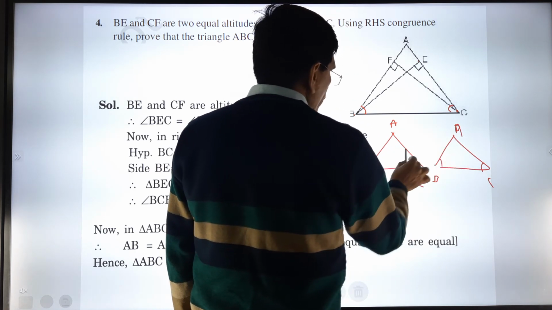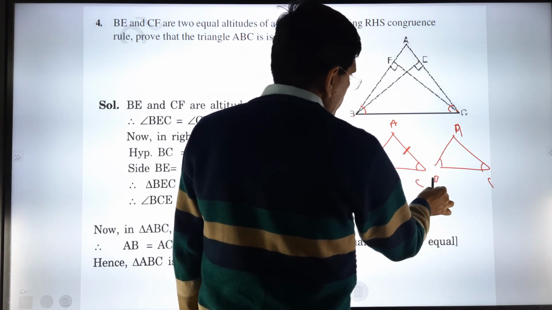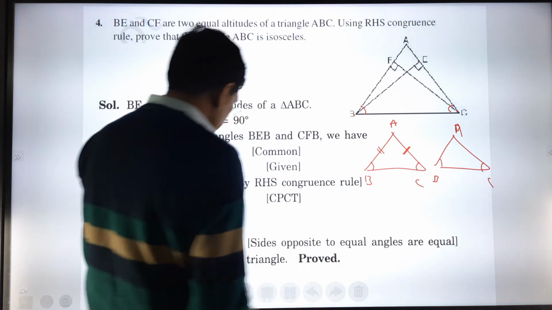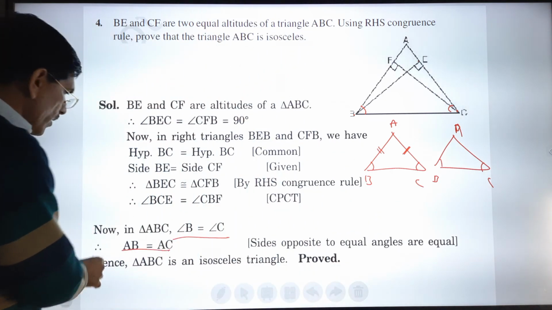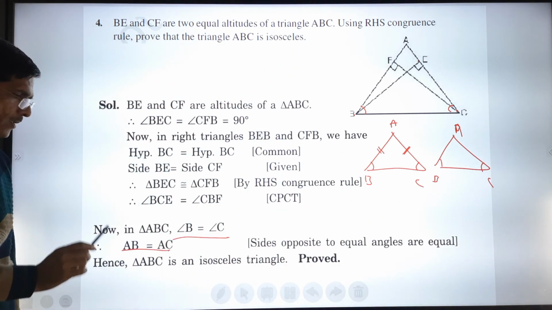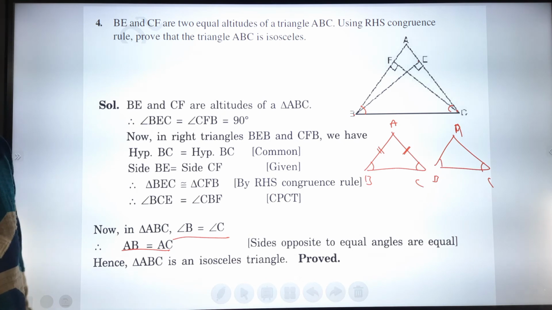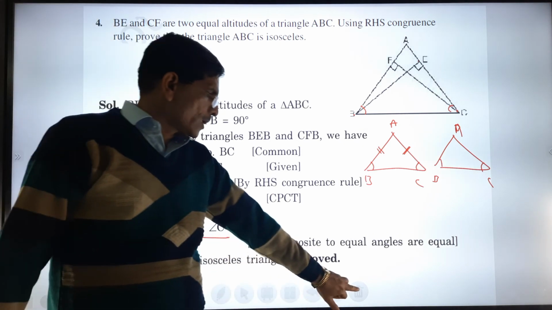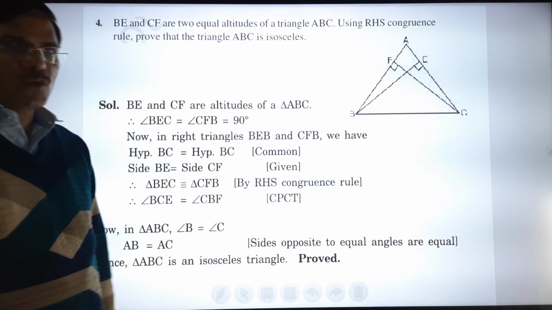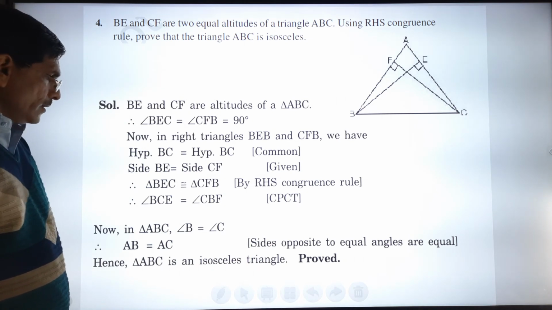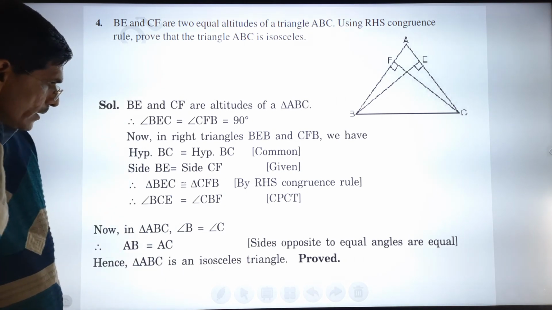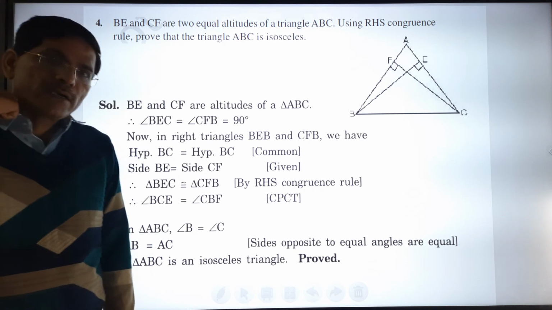Angle B's opposite side is AC, angle C's opposite side is AB. So AB is equal to AC. When in any triangle two sides are equal, we can say it is an isosceles triangle. So write it now. Then we go for the last sum.